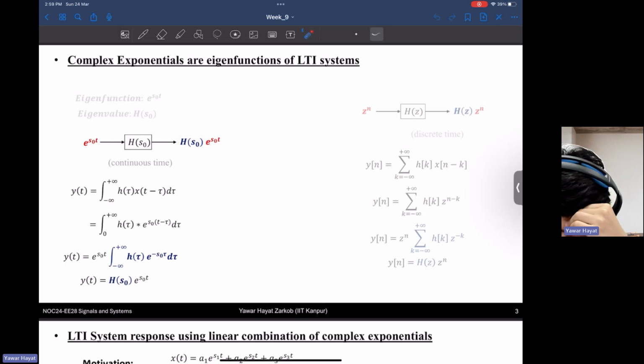So we can say that e to the power s naught t is the eigenfunction, and h of s naught is the eigenvalue, right? This would be a constant.